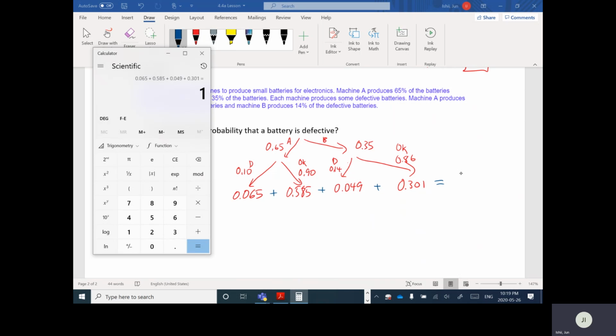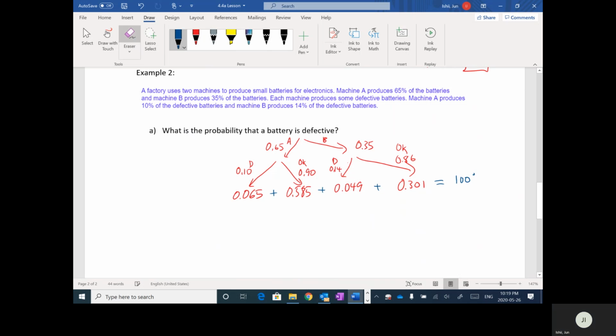This equals 100%, which makes sense, because these are the only four possibilities of what could happen to a battery. It could come from machine A, or it comes from machine B.